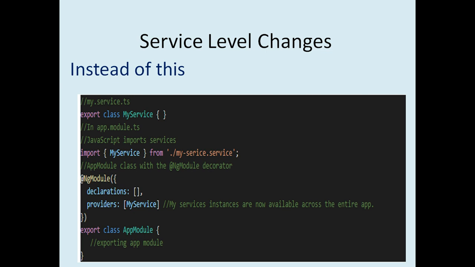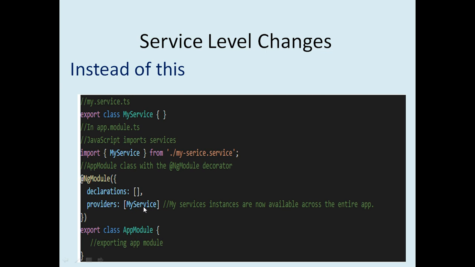Next, we have service level changes in Angular 6. In the earlier versions, if you wanted to provide your service to the entire application, that means globally, you had to add it to the providers array in the app module file. In Angular 6, you should not add it in the providers array in the app module. For example, see here.